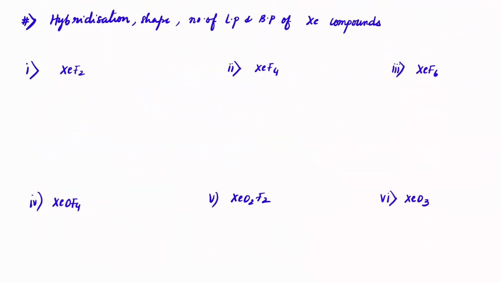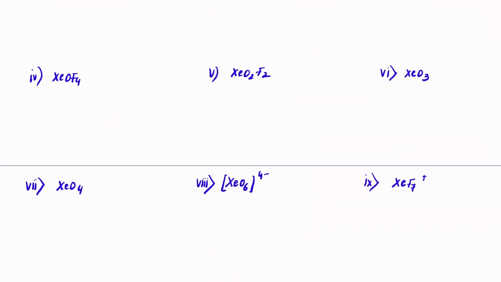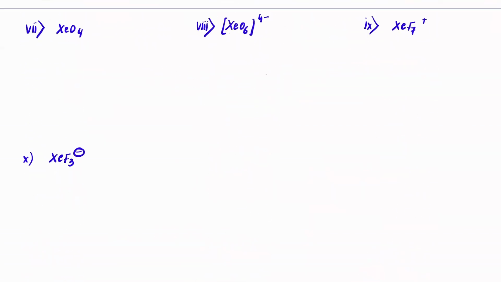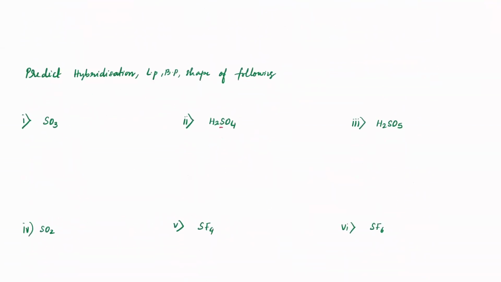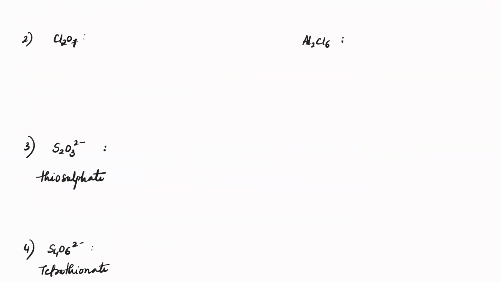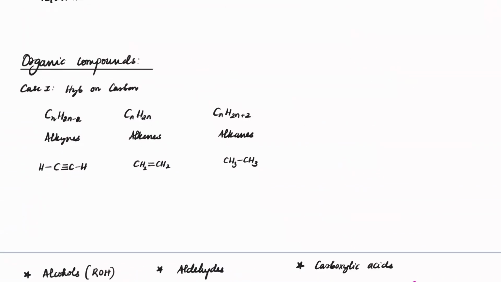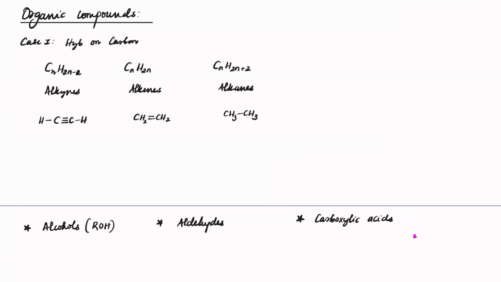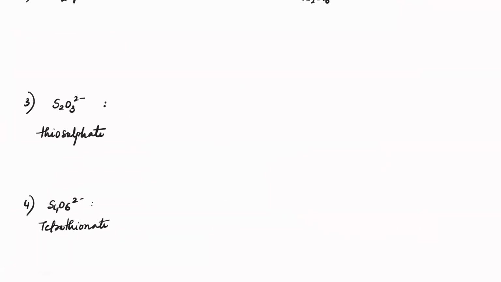Right, guys. Now you have these things to work out. All xenon compounds. I would suggest all of you to work out the xenon compounds first, and then predict the hybridization of these cases which I have written here. Clear? So please complete that before tomorrow itself.